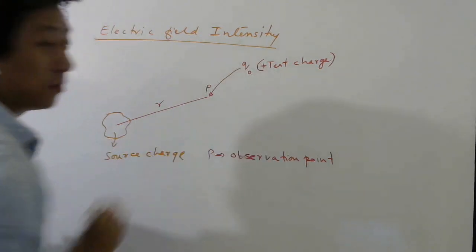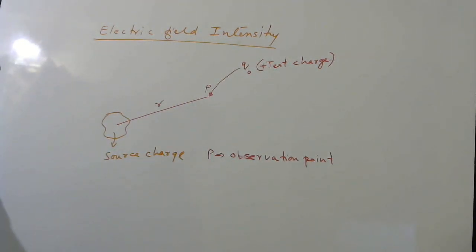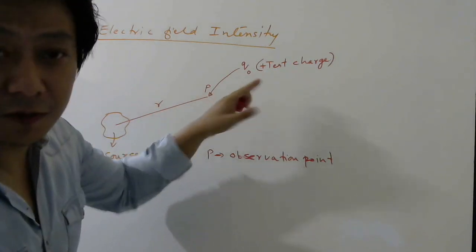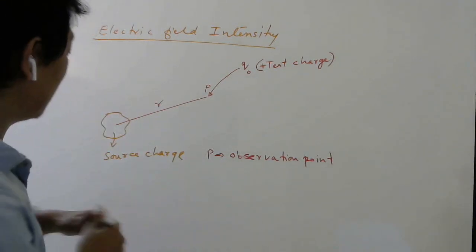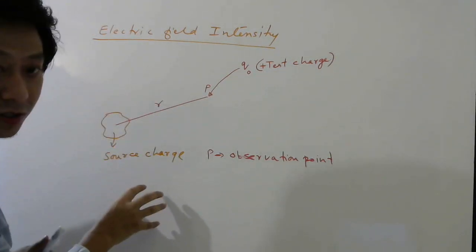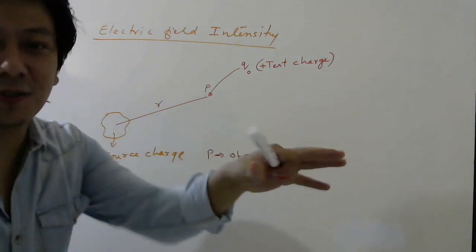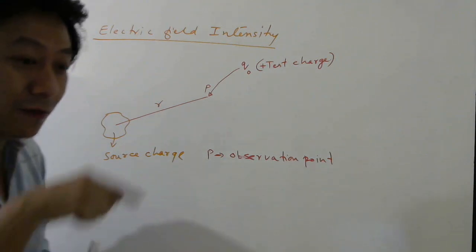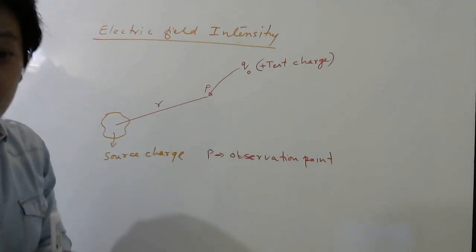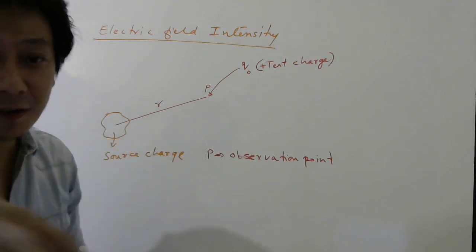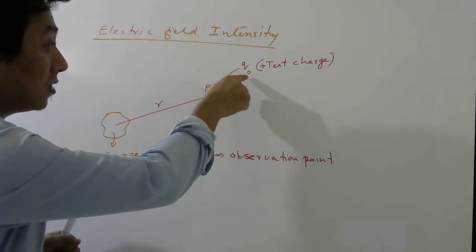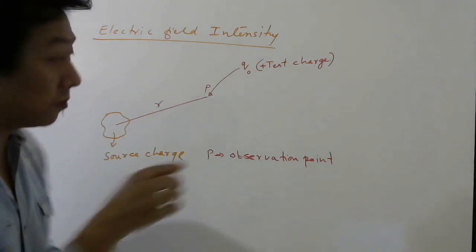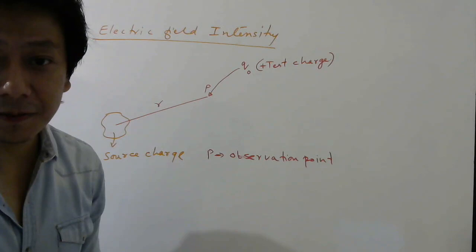Positive test charge. If you are wondering why it should be positive only, see, imagine I have many source charges and I want the electric field due to each of them. To measure the electric field produced by different source charges, I must use the same kind of test charge.